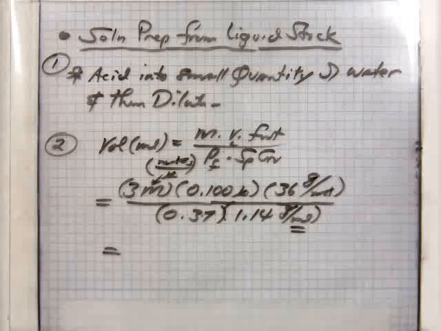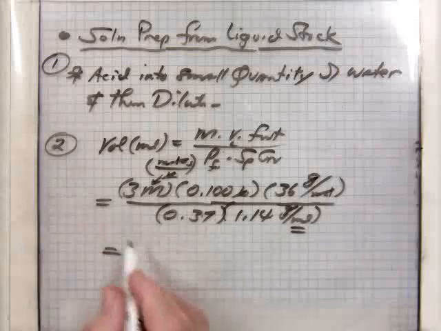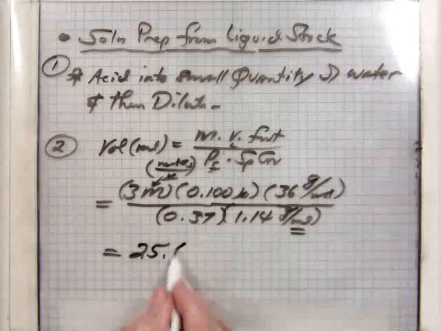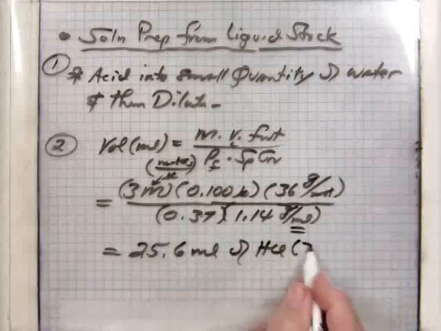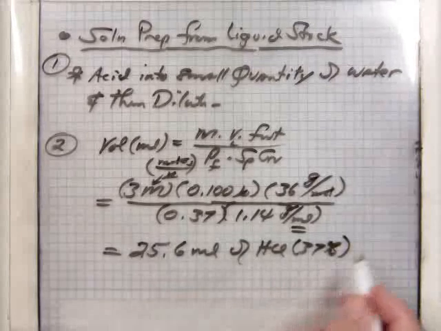So there's 3 times 1 times 36 divided by the rest, and you get 25.6 milliliters of 37% HCl needed.